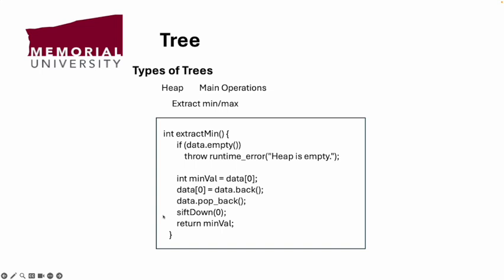The coding makes sense, right? Time complexity is again log n, because it depends on the height of the tree. For a maximum heap, we can extract the maximum element. Same principle.